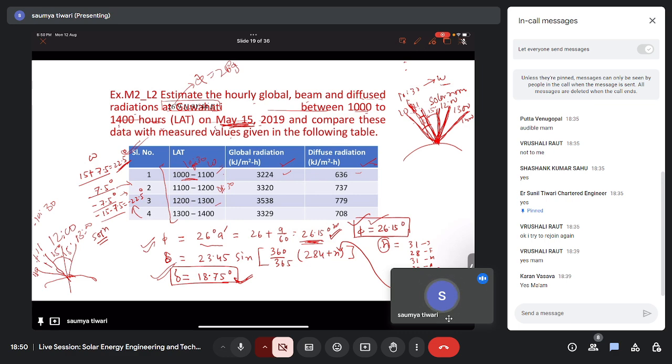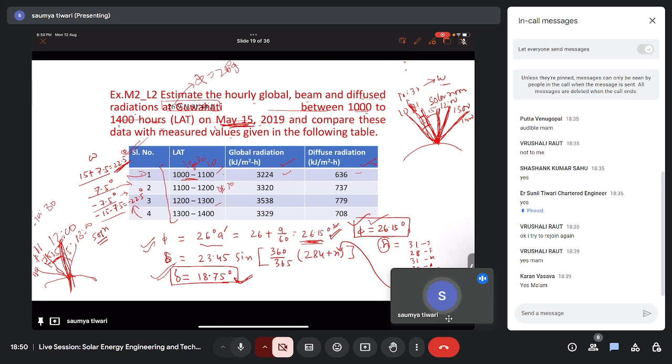13:30. So for that we can calculate the hour angle, as this is your solar noon, 12 o'clock. Till 11 it will be equivalent to 15 degrees, and for 10:30 it will be half of 15 degrees, so it will be 7.5. So 15 plus 7.5 is 22.5 for 10 to 11.